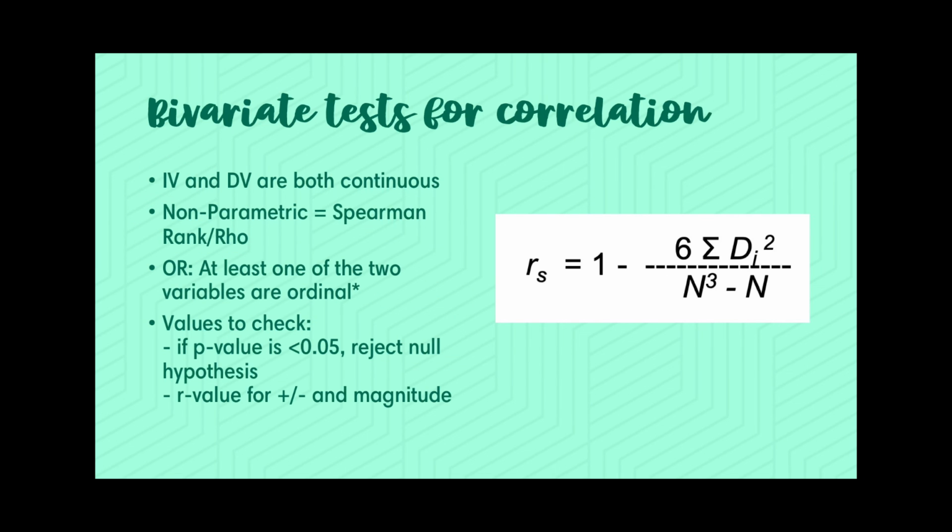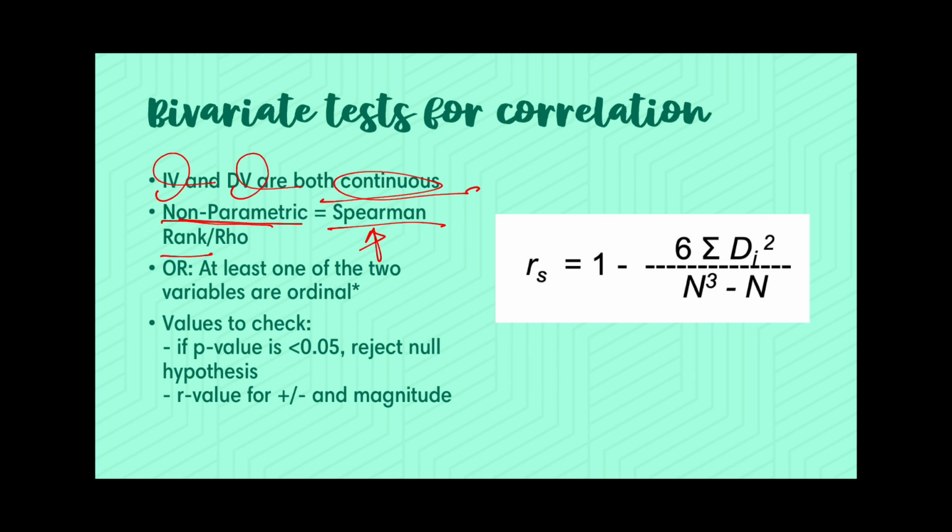Now, if both our IV and DV are continuous, and we did not pass the parametric requirement, we use a non-parametric test. So we use Spearman rank or Spearman rho. That is what we use if it's not parametric. Or again, like I said, if at least one of the two variables is ordinal, you can also use Spearman in other schools of thought.